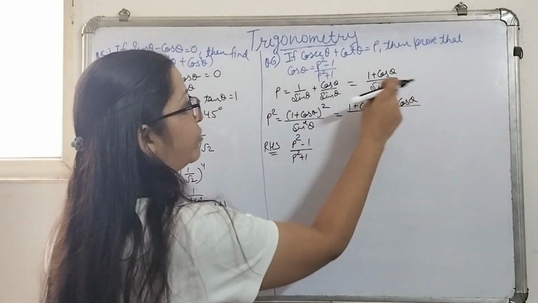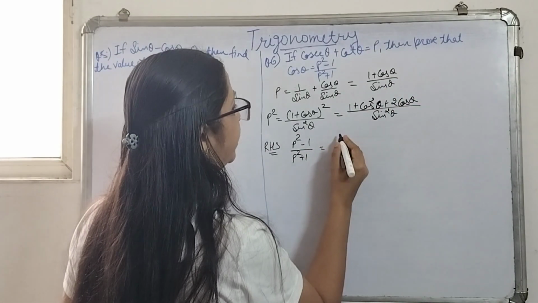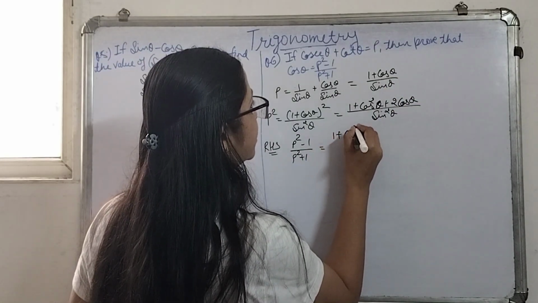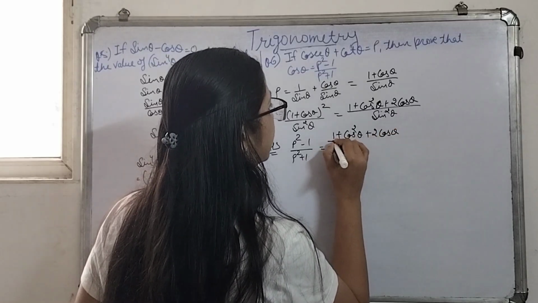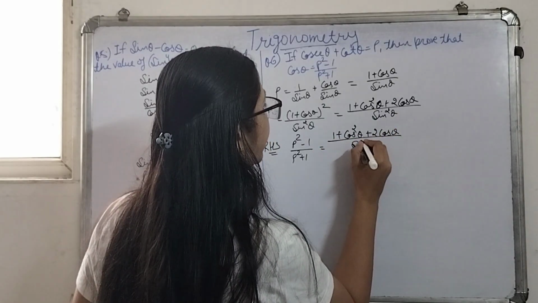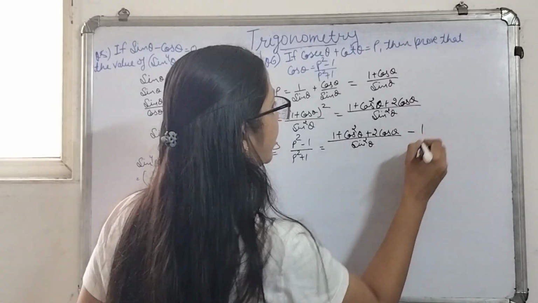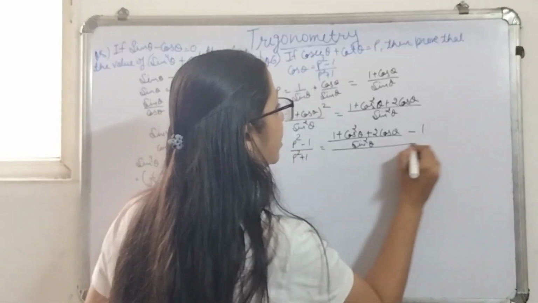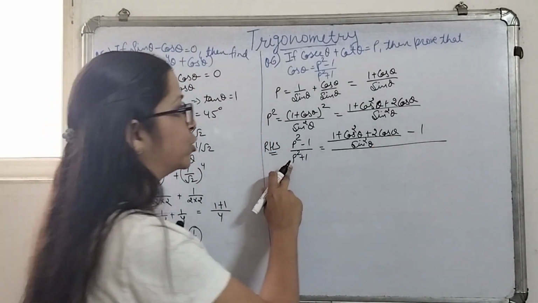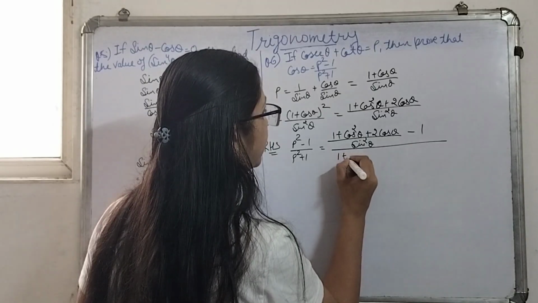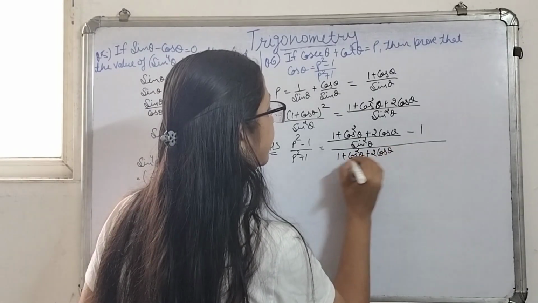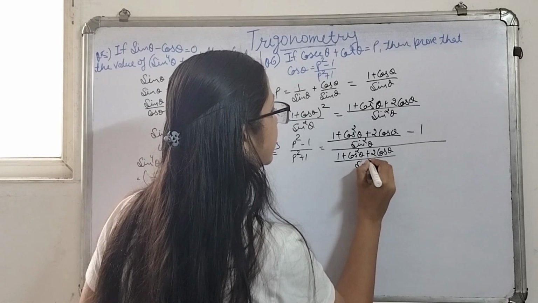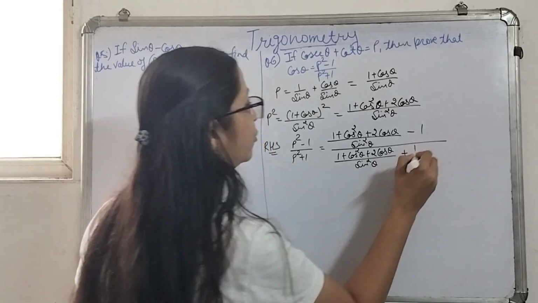So instead of p square we will write this. The numerator will be (1 plus cos square theta plus 2 cos theta) upon sin square theta, minus 1. Over the denominator, again it is p square, so we write the same, (1 plus cos square theta plus 2 cos theta) upon sin square theta, plus 1.